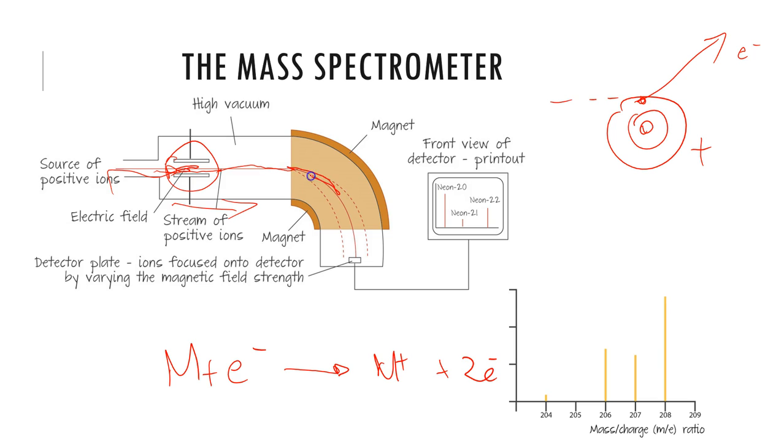This here is a magnetic field, and as we said before, the level of deflection that they experience is dependent on their mass to charge ratio, and then this detector here detects how long and the number of particles that go through. So if we put through a sample of neon, we would see 3 peaks: neon-20, neon-21, and neon-22.